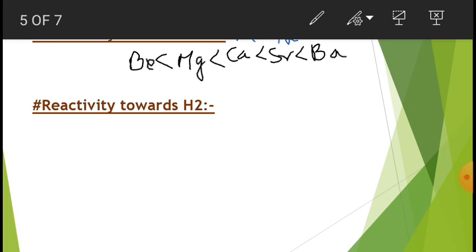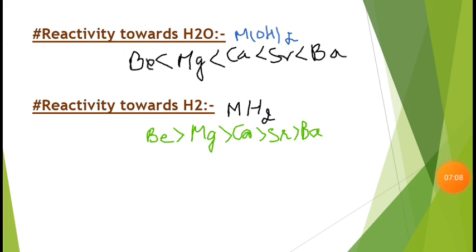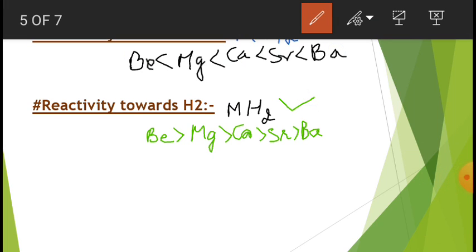Next is reactivity towards hydrogen. We already discussed that when alkaline earth metals react with hydrogen gas, they form metal hydrides, right? And their order is beryllium, then magnesium, then calcium, then strontium, then barium.